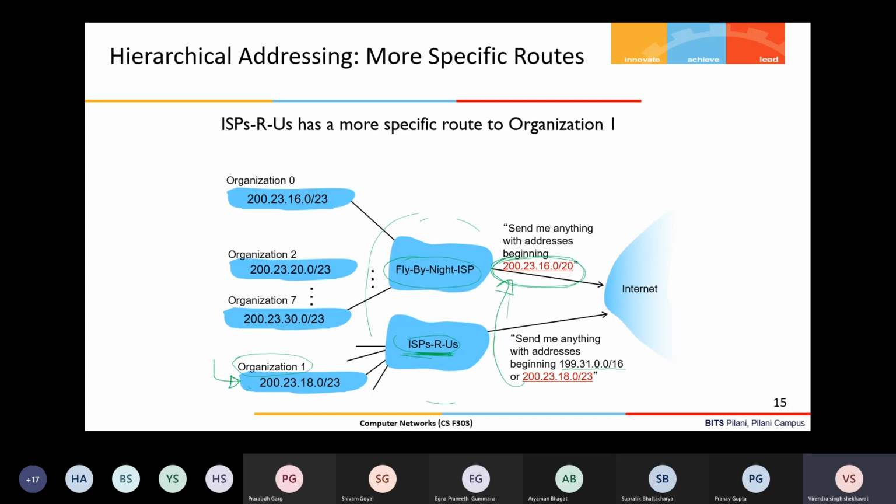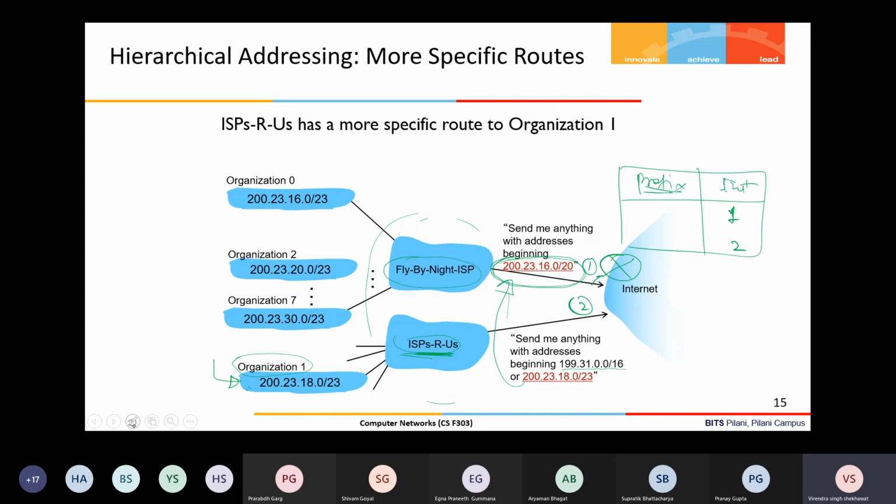Suppose a router is here, connected to these two interfaces, and it needs to check which interface to forward to. So its table will have the prefix and the interface. Only two interfaces are there, 1 and 2. Let us say this is interface 1 and this is interface 2, with two prefixes. This is the 20-bit prefix.